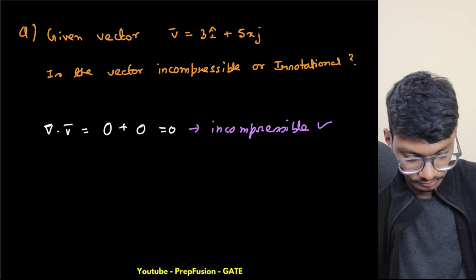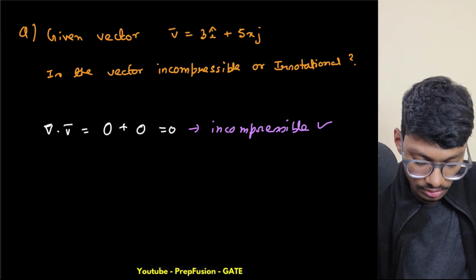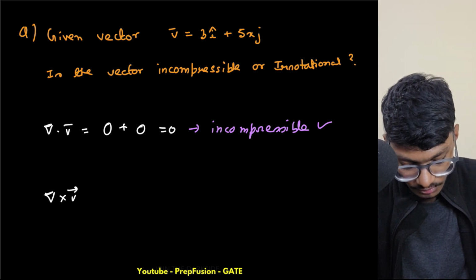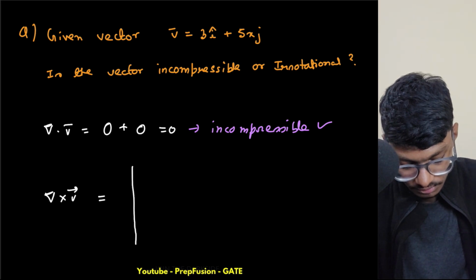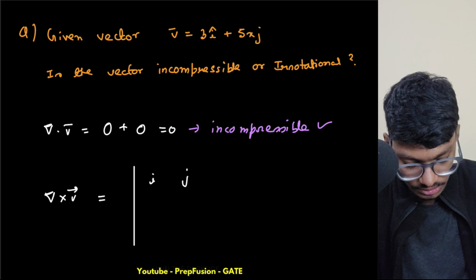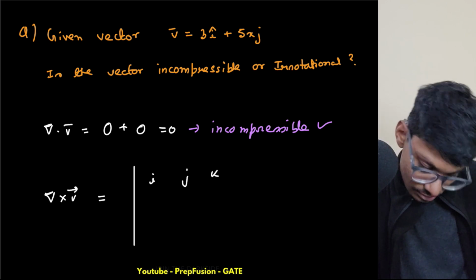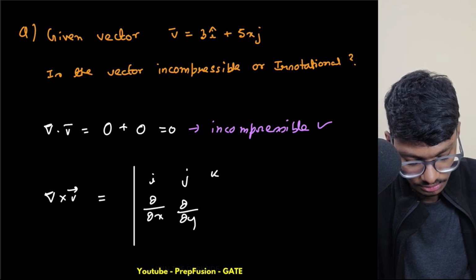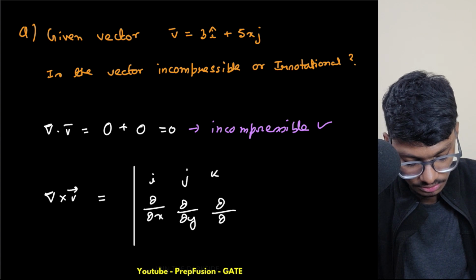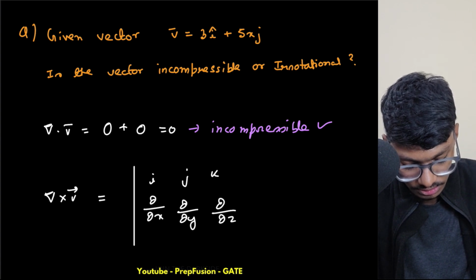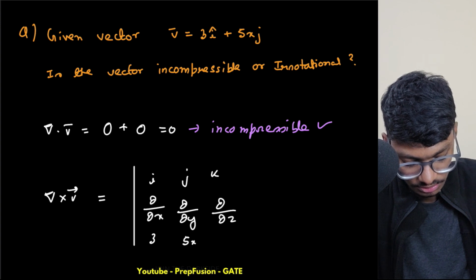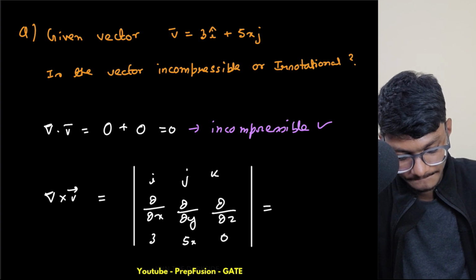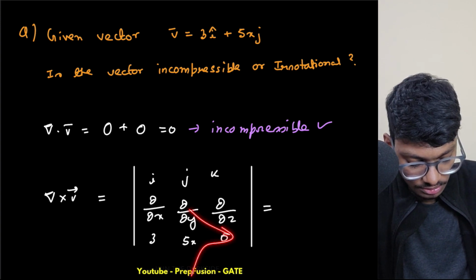Okay, now for irrotational I have to find the curl. So how to find the curl? Simply the determinant of this matrix: i j k, del x del y del z, and this is 3, 5x, 0.